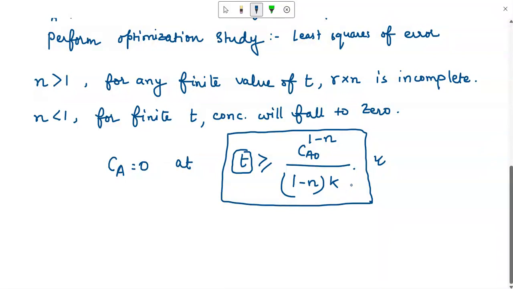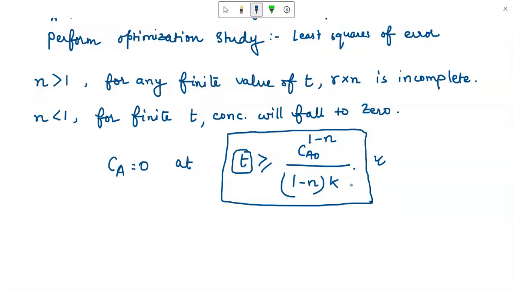Because of this reason, in real life systems we observe that fractional order will shift upward towards unity as a reactant is getting exhausted. The more we reach towards the depletion of reactant, the fractional order shifts towards 1.